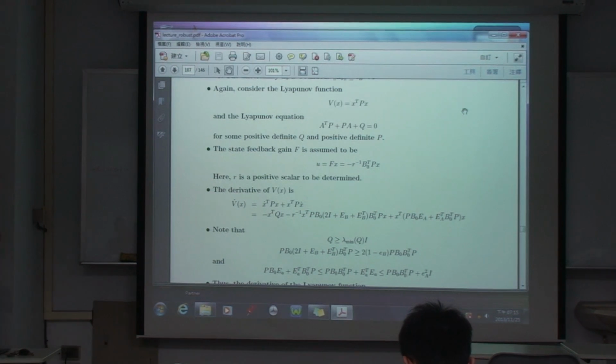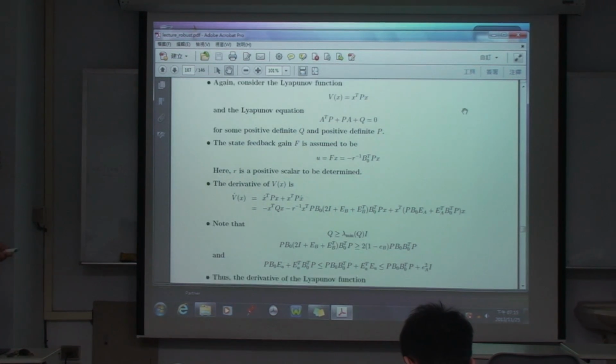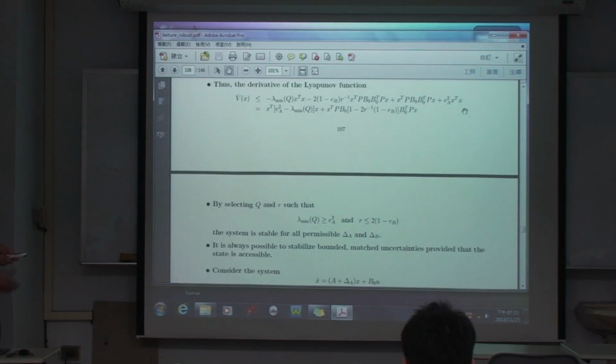But if you want to achieve robust stability instead of just stability, you can select Q and R in this manner. Then in that case, the system is not only stable but also stable for all permissible delta A and delta B. That means it's robust stability.